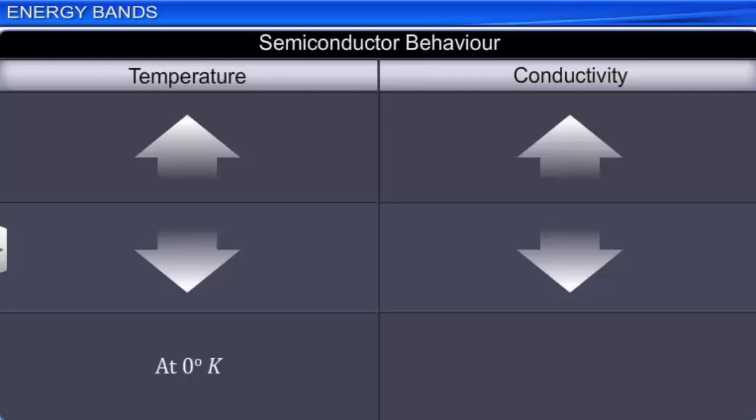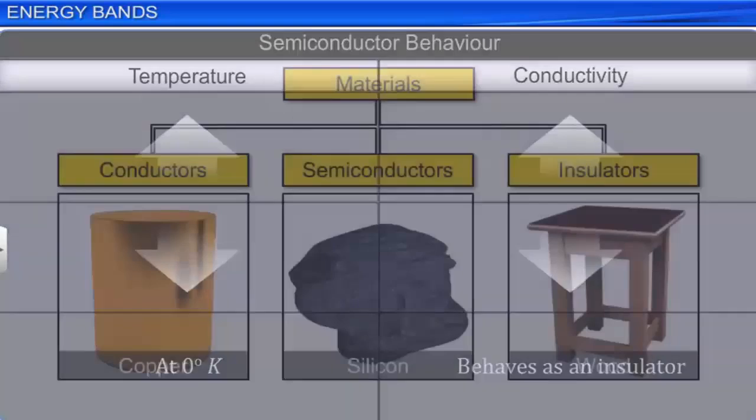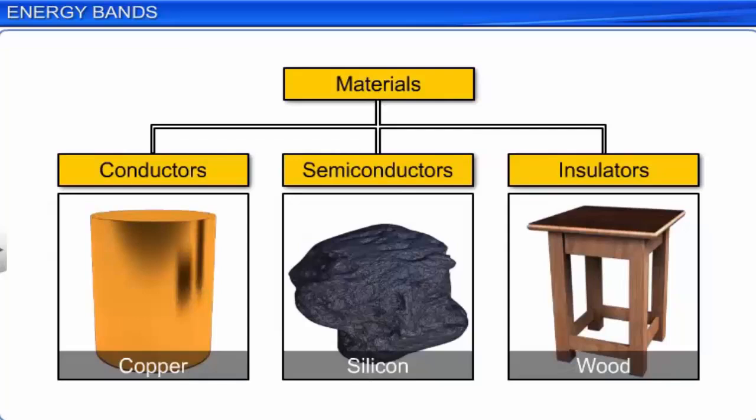Hence, at 0 Kelvin, a semiconductor behaves as an insulator. This is the case of the semiconductor crystal. It is important to note that the band gap is different for different solids.